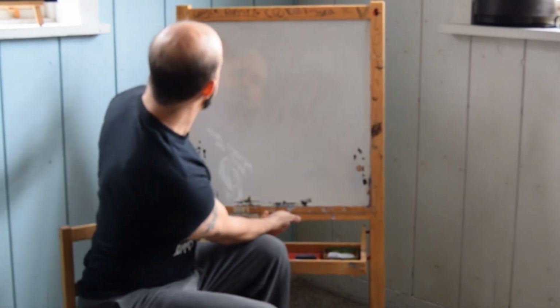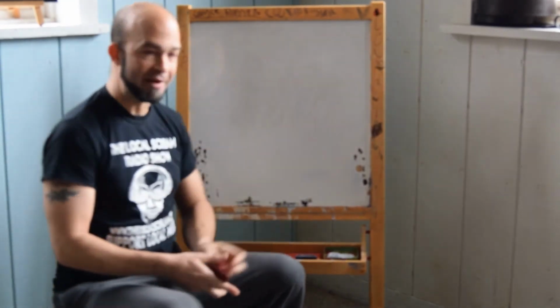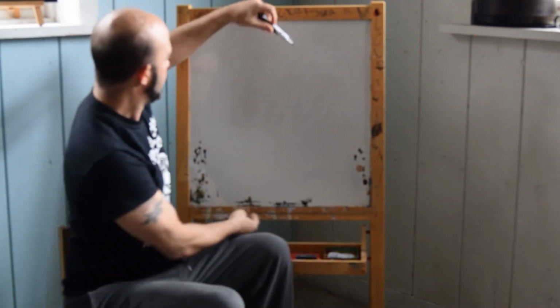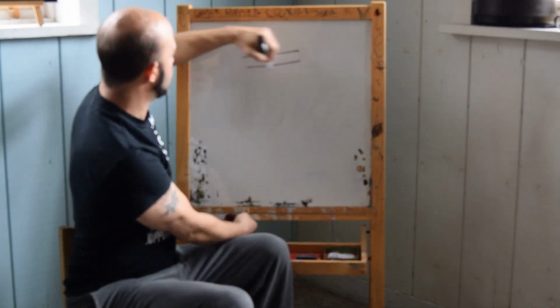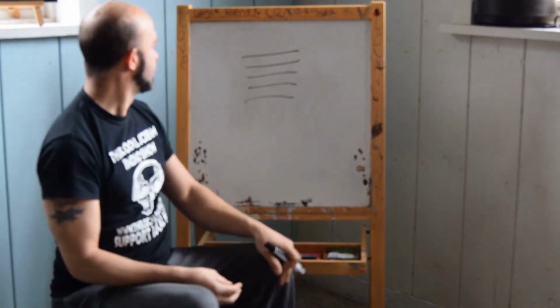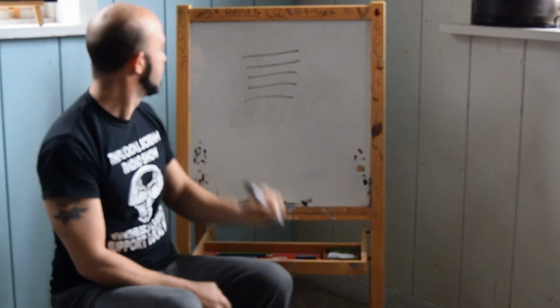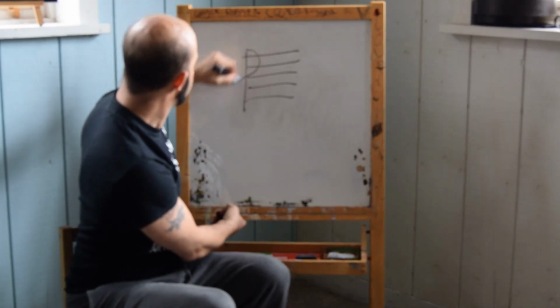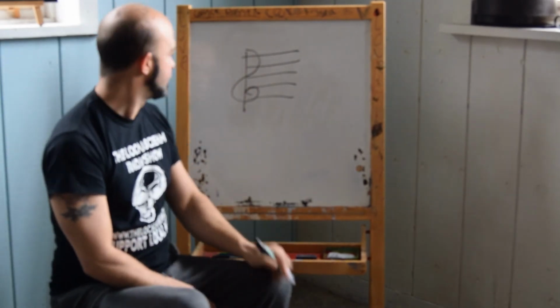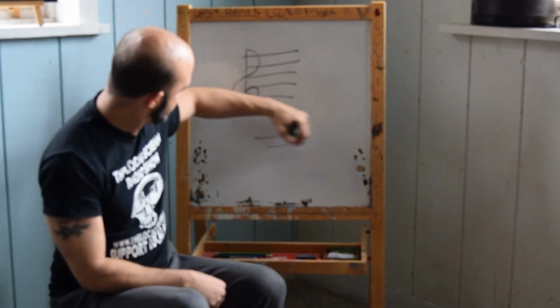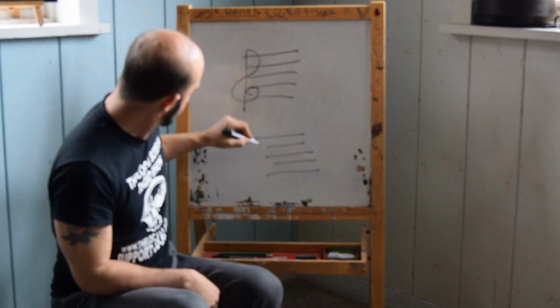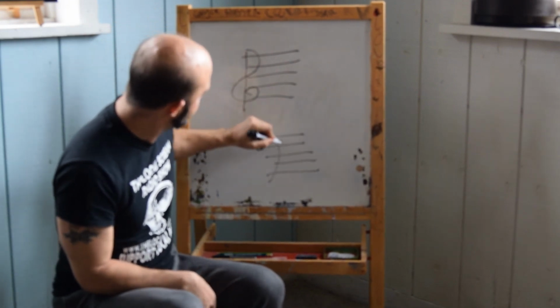I just said that some things nobody can do for you, and here's one of them, right? Most people in music class have seen this thing, right? This is a treble clef. This is a bass clef.